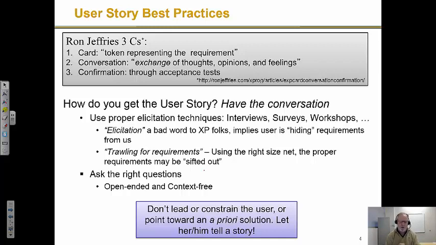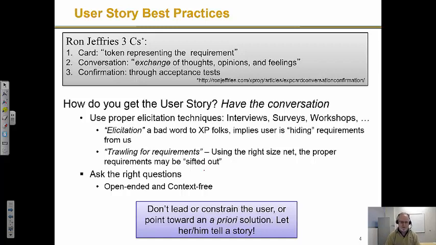The second thing is ask the right questions. When you're having the conversation with the customer, and really this goes both directions, I think, the conversation should be open-ended and context-free, which means you're not trying to constrain the conversation. You're not supposed to say, well, let's talk about something, but you can't talk about this, that, the other thing, or in this particular way.